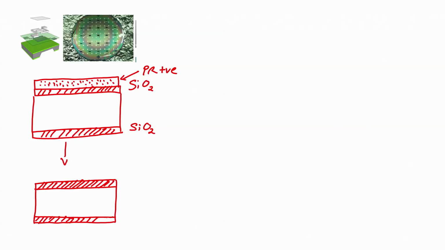After spin coating photoresist, the next step would be, now you should know, right, because we have studied photolithography. The next step should be the mask, right. We load the mask for creating the window.